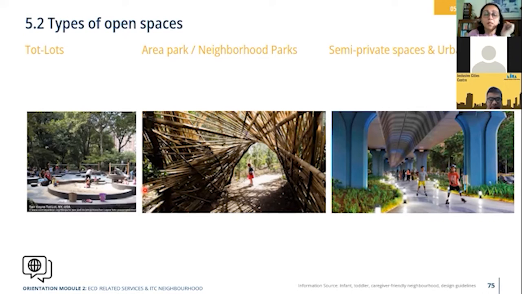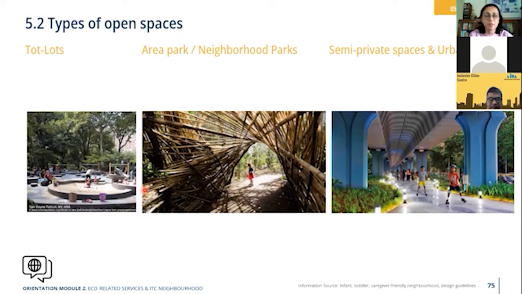Some minimum area required for each space, for different kinds of activities, and the minimum distance that one can walk from the home. This can also differ as per the density of the population, but right now we are not going into that discussion, but we are saying that at least these 3 categories can be present.